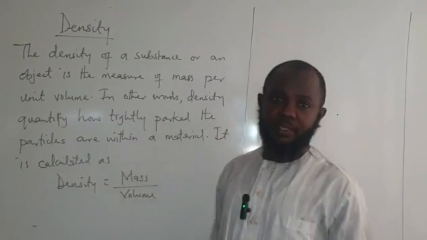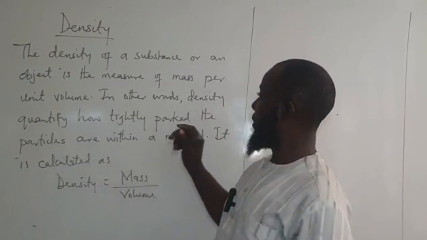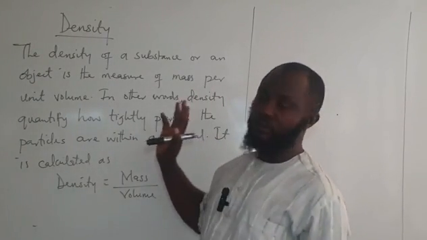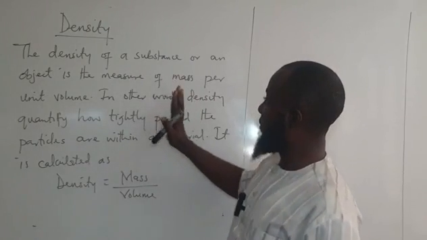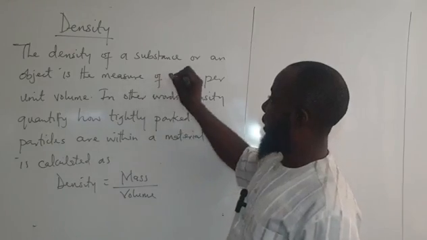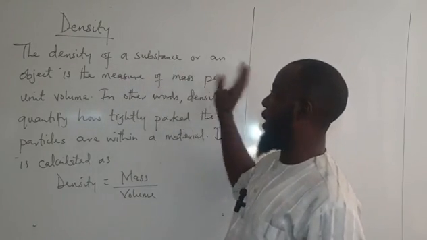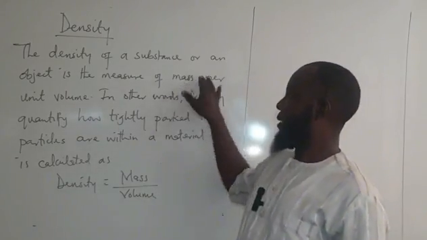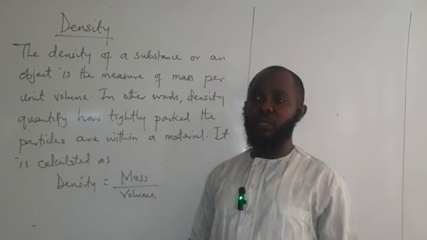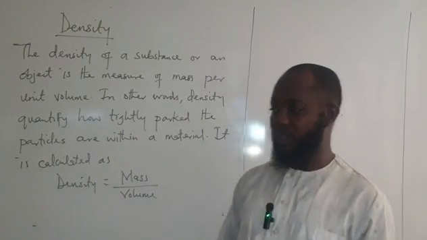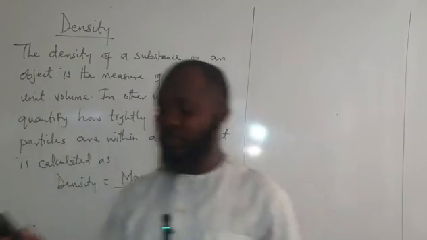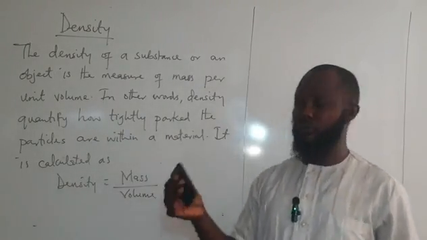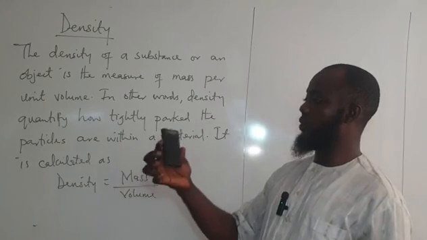All right, density now. So in this, we want to look at density. Density, as you have it here, means the density of a substance or an object is the measure of mass per unit volume. So we want to measure the mass of an object, just like this small phone. It's this object, we want to measure the density.